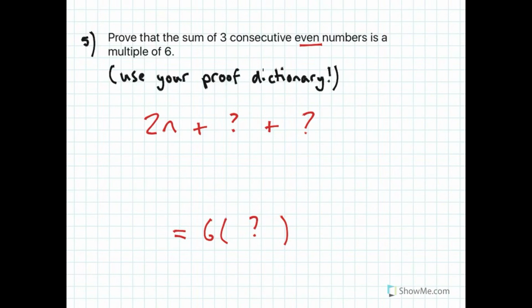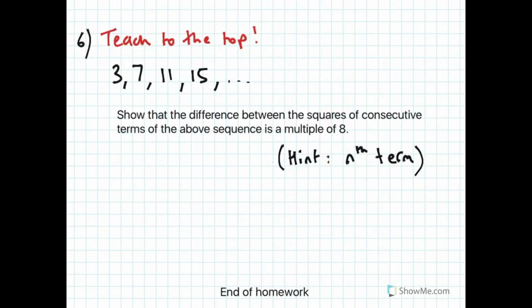On to question 6. The nth term of that sequence, I'll start you off with that, and I'm not going to give you much more. The nth term, it goes up in 4s, so it's 4n minus 1, that sequence there. So that's going to give you 1 term of your sequence. Now it says the difference of the squares of consecutive terms. So actually, that's one of the terms I just wrote down, so that would be the square of one of its terms.